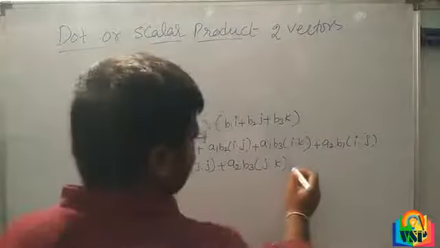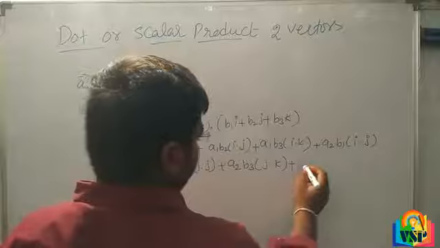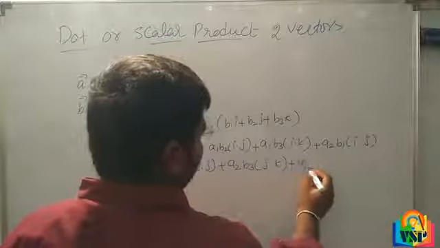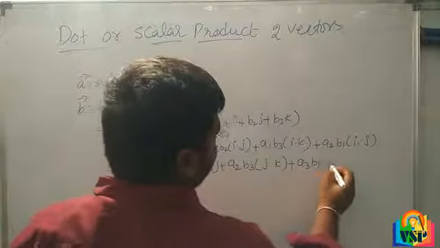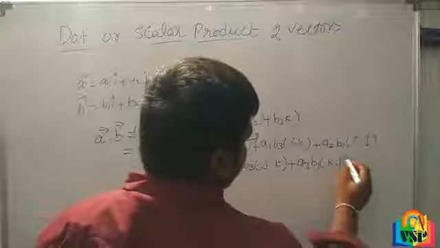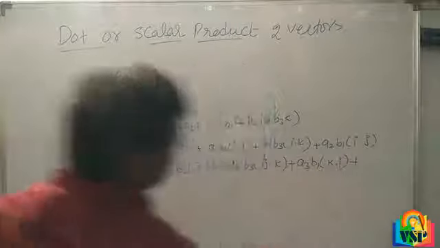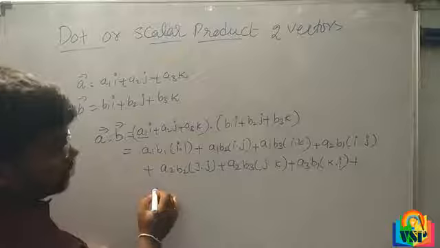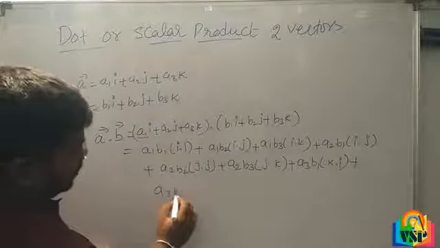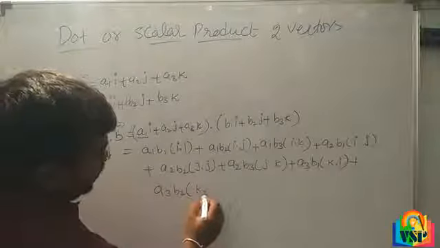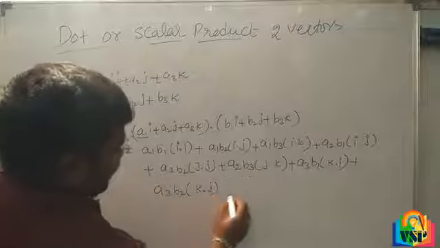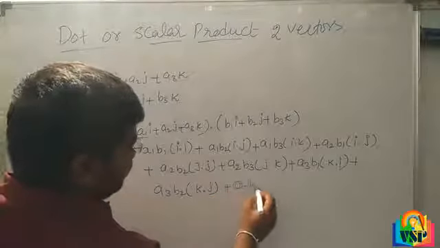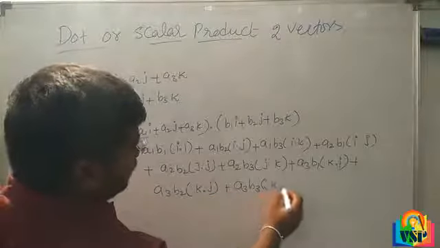Plus A3 B1 (k dot i), plus A3 B2 (k dot j), and last A3 B3 (k dot k).